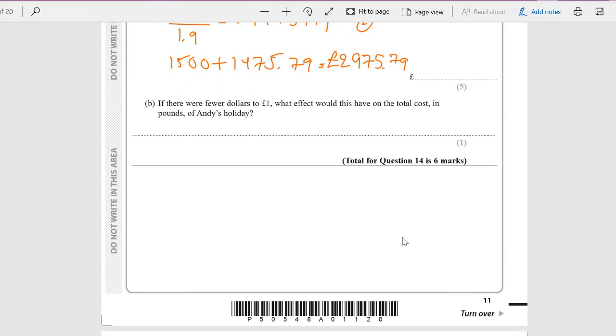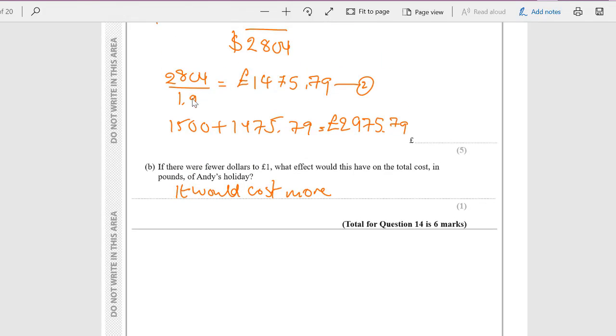So if there were fewer dollars to £1, what effect would this have on the total in pounds of Andy's holiday? So it would cost more. And the reason for that is, if there were fewer dollars to the pound, then this denominator will be smaller.